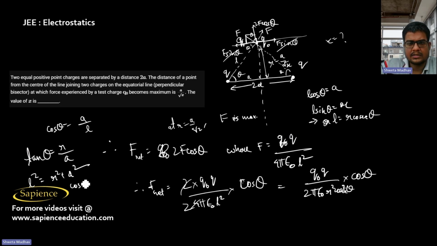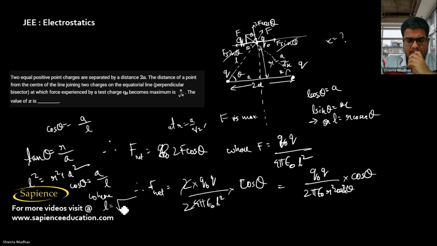From here cos theta is equal to a by L, where L is equal to square root of r square plus a square.